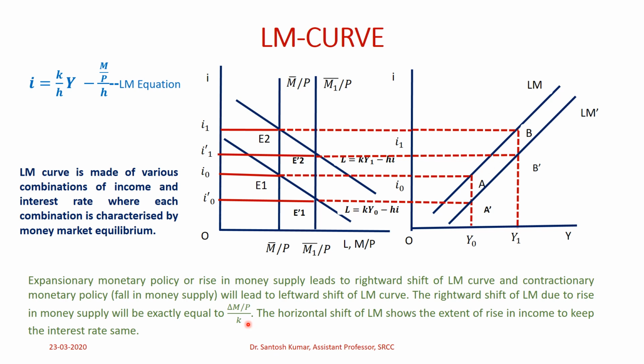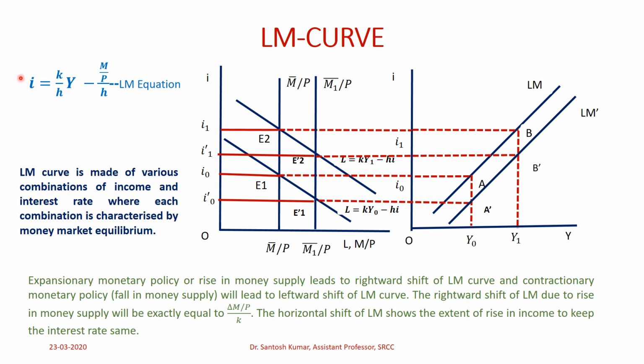I hope it is clear to you that the LM curve is nothing but various combinations of income and interest rate, where each combination is characterized by equilibrium in the money market. Number two, the LM curve is always upward sloping, right? You can see in the LM equation also that I and Y are positively related. If Y rises, I rises.